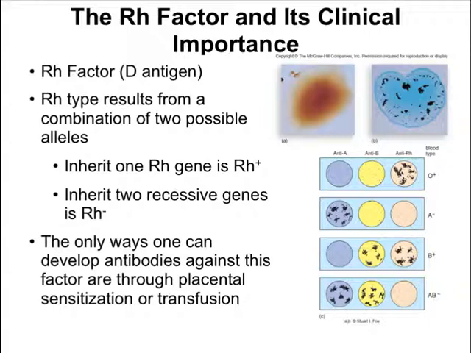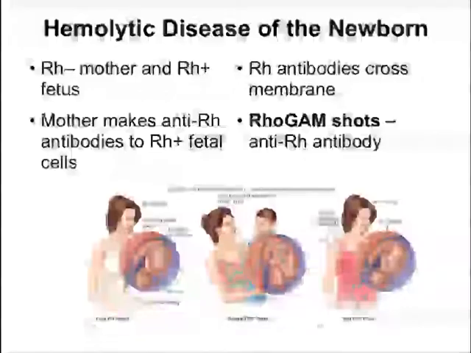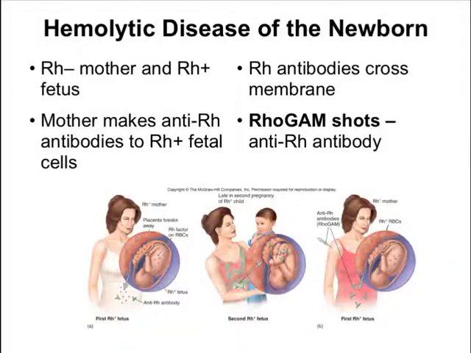This is a really important factor to consider in multiparous women, that is, women who have had more than 1 pregnancy. If a mother is Rh negative and her fetus is Rh negative, then there's no problem at all. If the mother is Rh positive and the fetus is Rh positive, then there's no problem either because both mother and fetus have the same blood type.